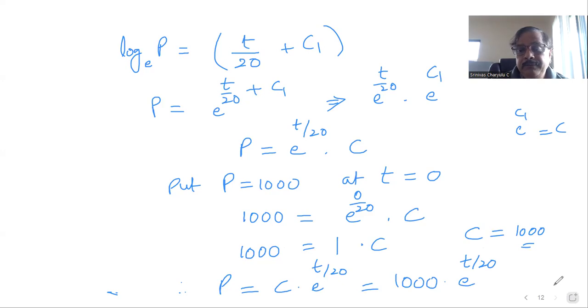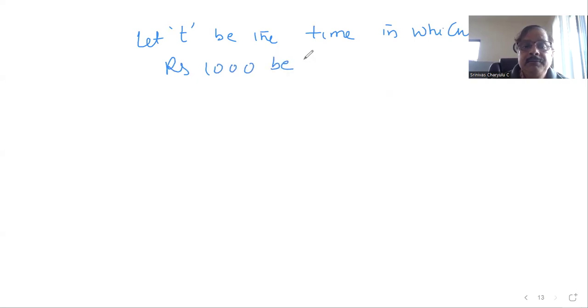Now, what we have to find is in how much time it will become double. So let t be the time in which rupees 1000 becomes double, that means 2000.